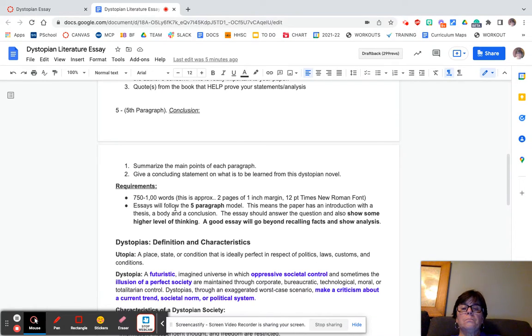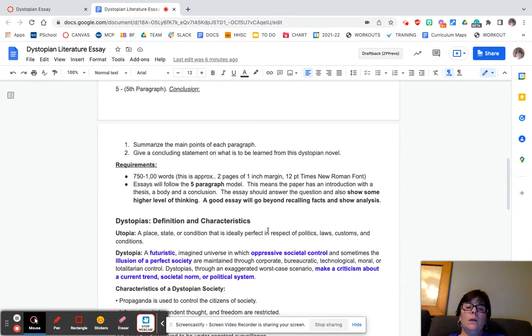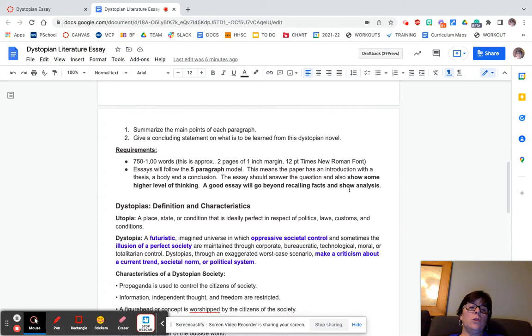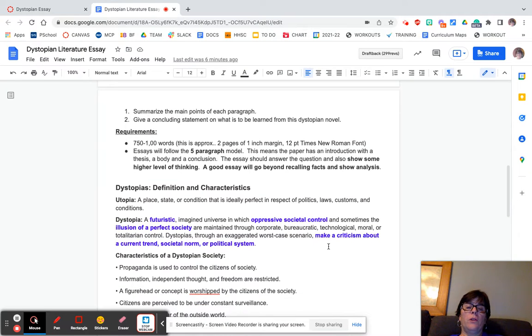It'll be double spaced. It says that the essay will follow a 5 paragraph model, but in my opinion, if you have a really long paragraph and there's a natural place where maybe you're talking about a different example and you want to create a different paragraph, that's totally fine with me. The essay should answer the question and also show some higher level thinking.